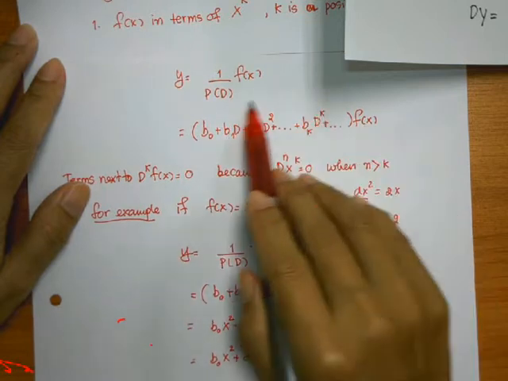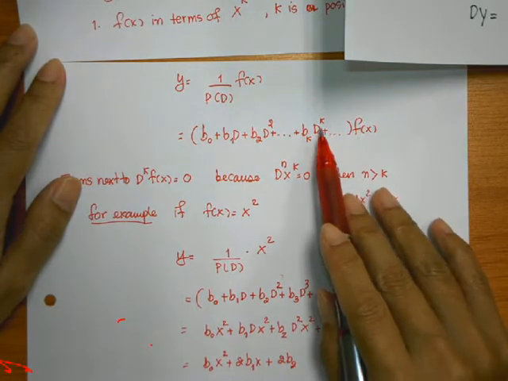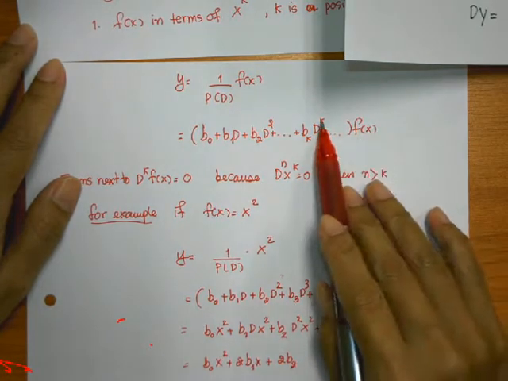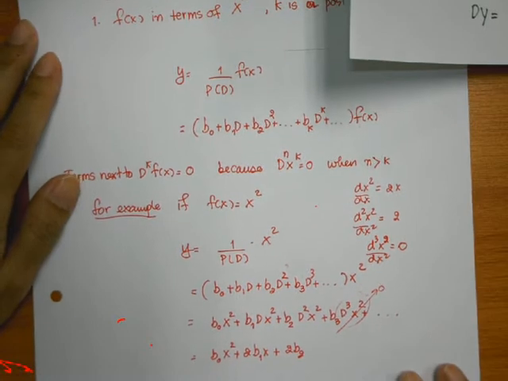And then you can write down the D terms until the power of D is equal to the power of x. And the power of x has got to be a positive integer. Understand?